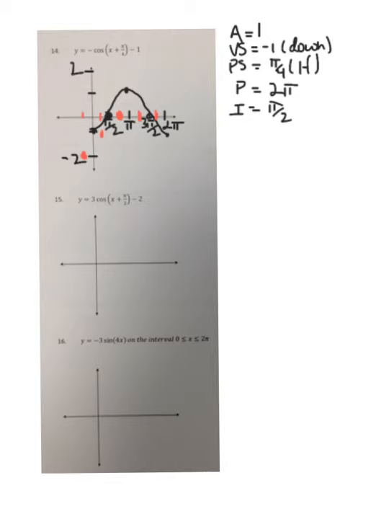Okay, then the next one, I'm going to go to the left pi over 4 and down 1, so down here. Okay, and then the very last one, I'm going to go to the left pi over 4 to this little red slash right here, and then down 1, so I'll be down here.